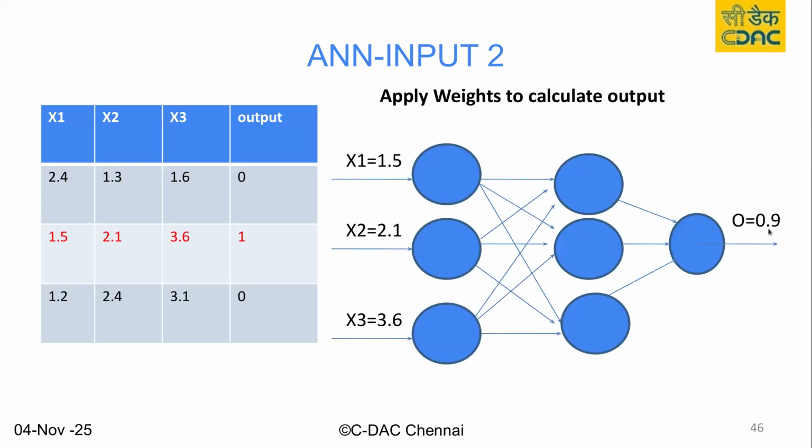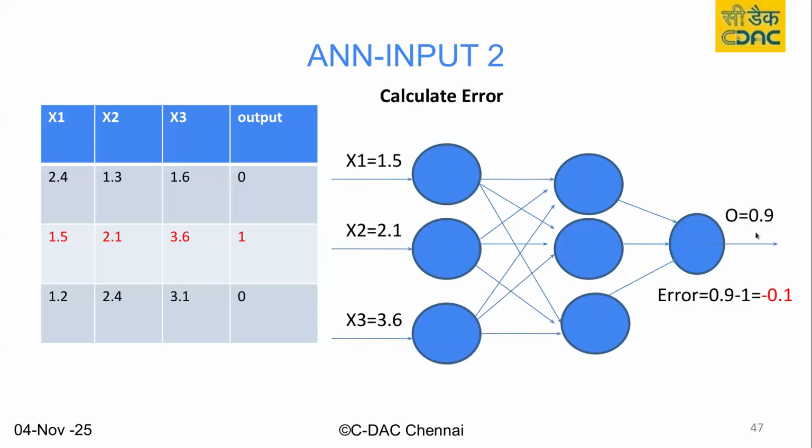When I calculate the error, I get 0.9 minus 1, which is minus 0.1. So again I don't get an error of 0. My objective is to get a 0 error, right? So I will again adjust the weights associated with my connections.